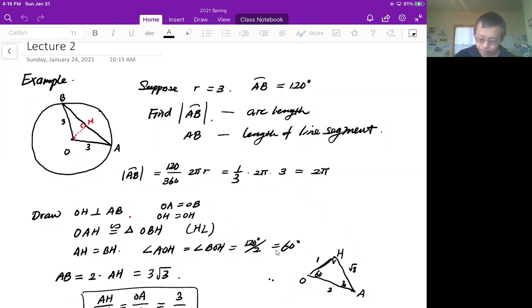If I use OH perpendicular to AB, that is actually the angle bisector, so each angle is 60 degrees, and therefore we get a 30-60-90 right triangle. And then we can do the rest of them.